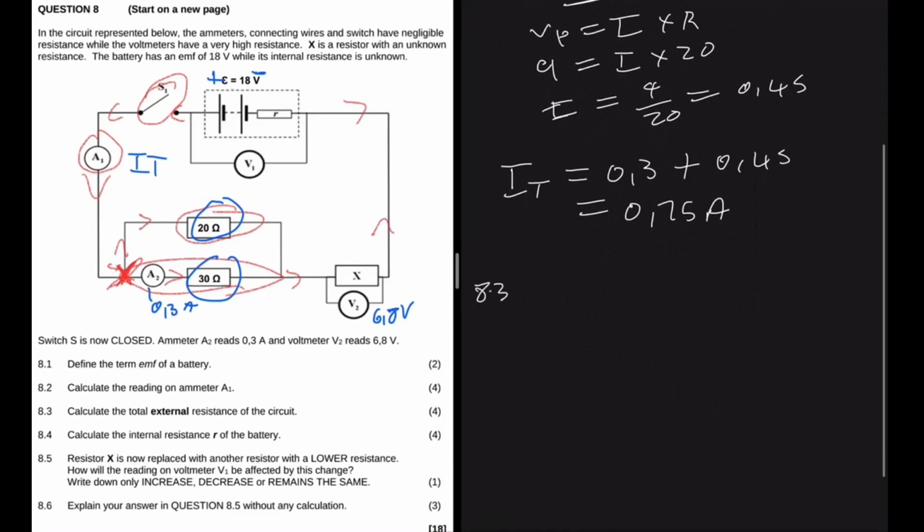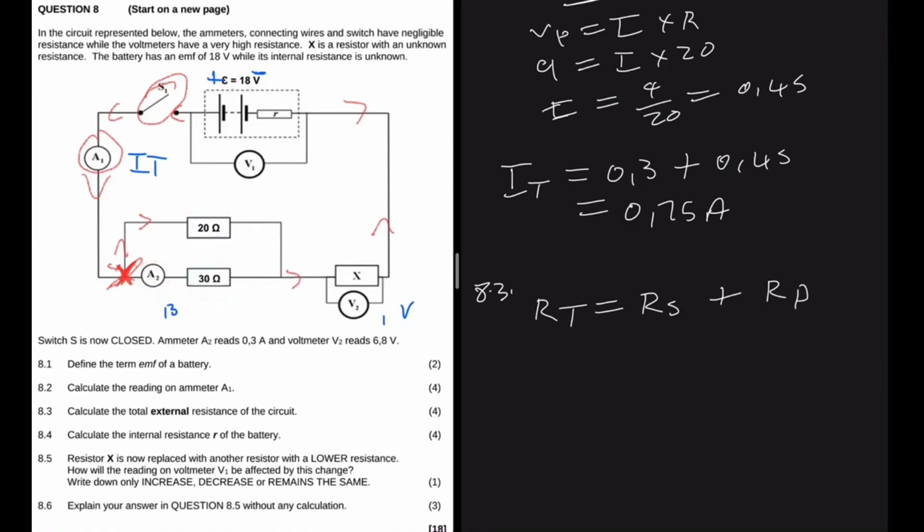For 8.3, we are asked to calculate the total external resistance of the circuit. Resistance total is always equal to the resistance in series plus the resistance in parallel. So which resistors are in series and which are in parallel? The 30 ohm resistor is in parallel with the 20 ohm resistor, and X is the resistance that is in series relative to the circuit.